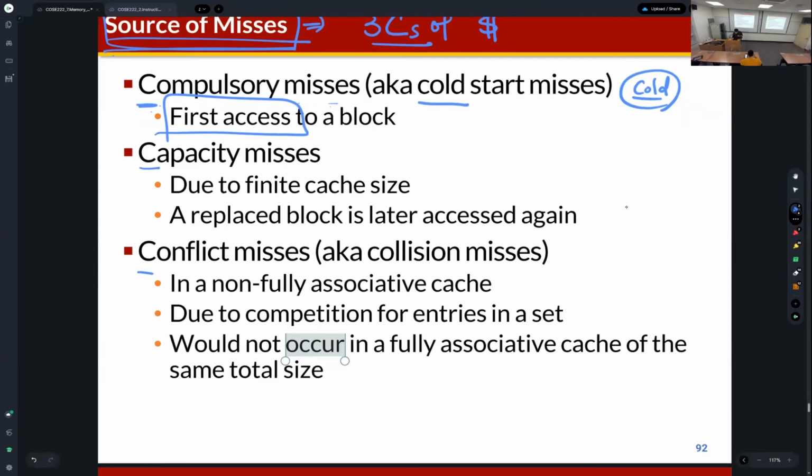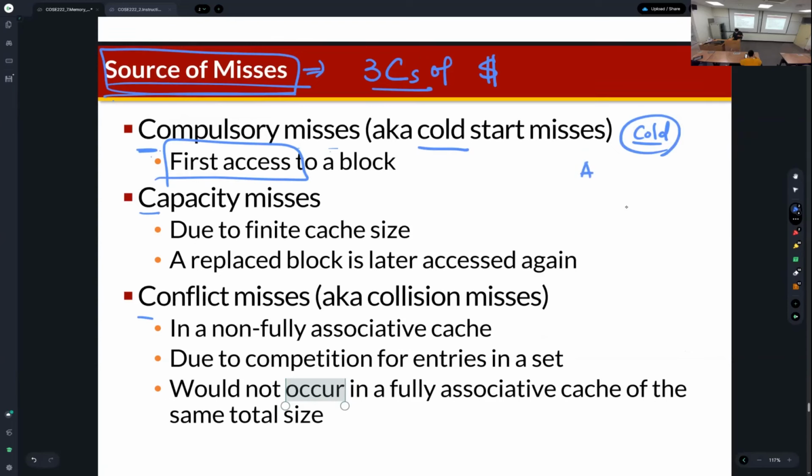This kind of miss is called cold misses or compulsory misses. The cache block is requested for the first time, and you cannot find this data in the cache.